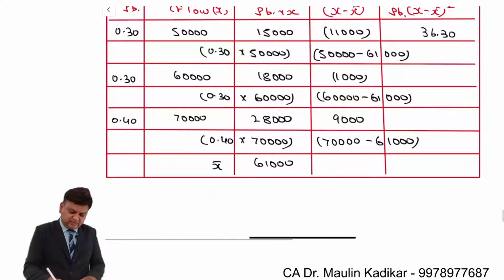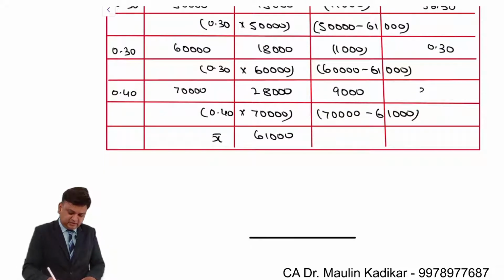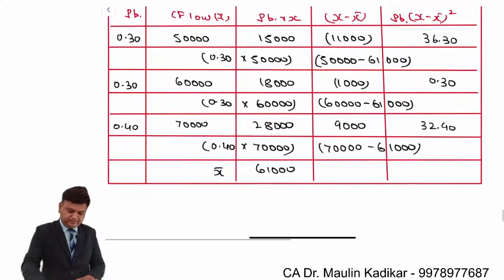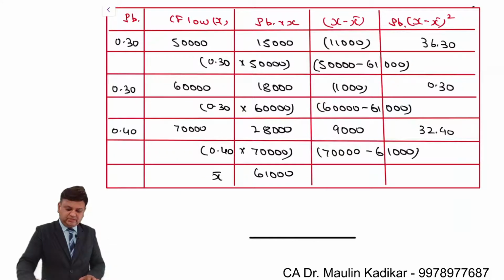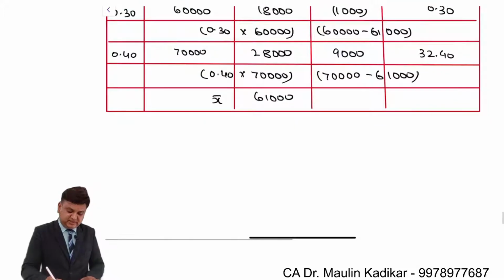So it is 0.3 million once again. Square of 9,000 into 0.4 divided by again 10 lakhs. So it is 32.4 million. 36.3 plus 0.3 plus 32.4. So the answer is 69 million.